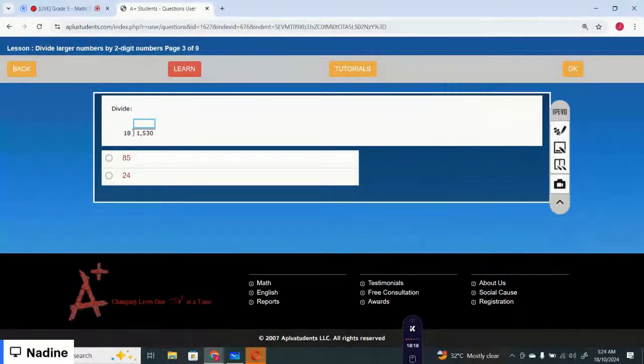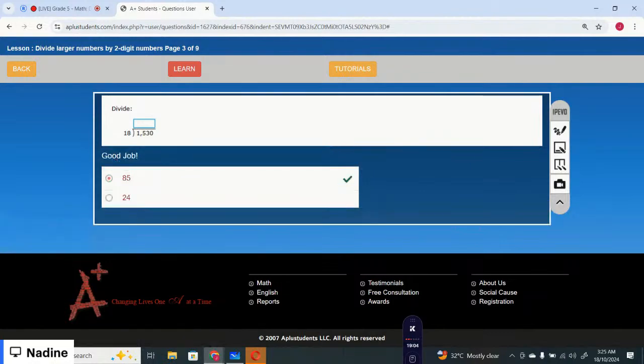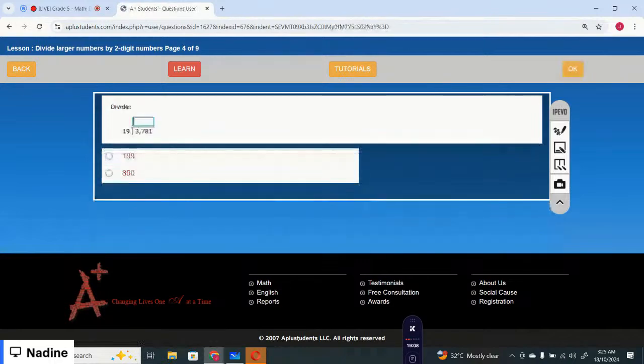1530 divided by 18. Yes, very good. That is option number 1. 85 is the correct option. 3781 divided by 19, which is the correct option?